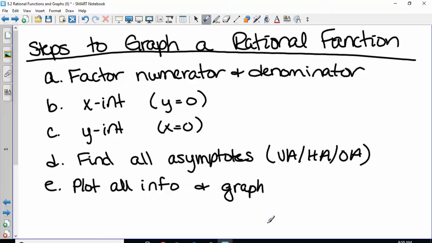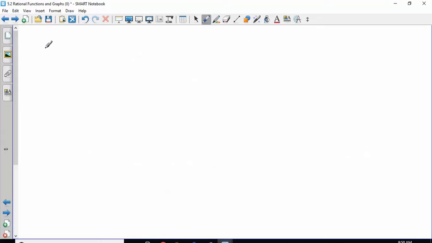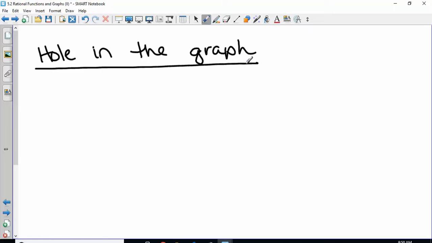Sometimes, I've kind of touched on this before, we might get a hole in the graph. For instance, if I gave you a function and said it was this.